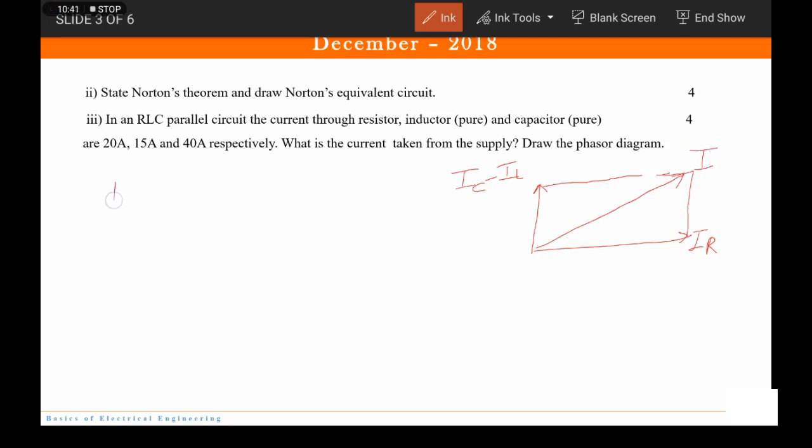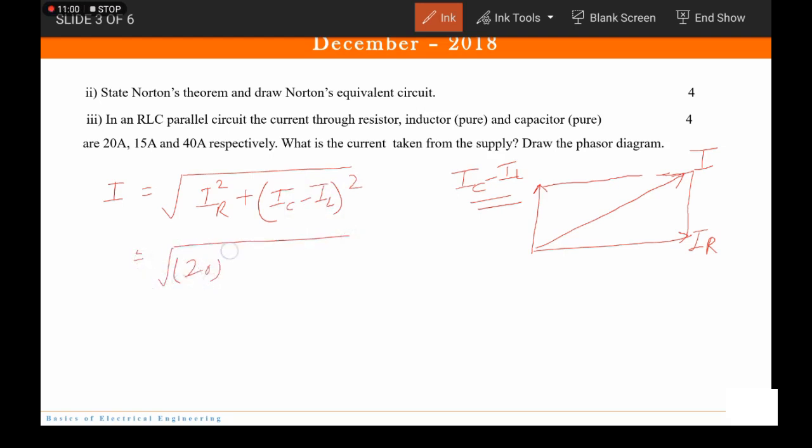So how do I calculate this final current? From the phasor diagram, it is the square root of IR square plus (IC minus IL) whole square. IR is 20 square, and IC minus IL is 40 minus 15, square.